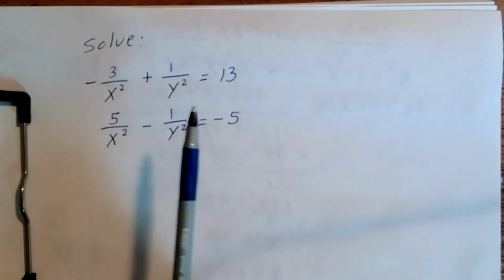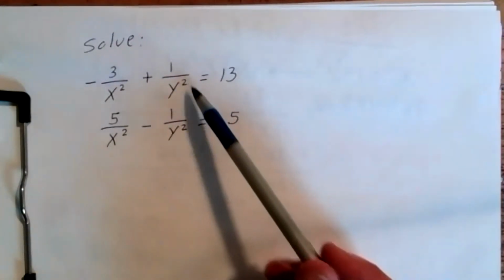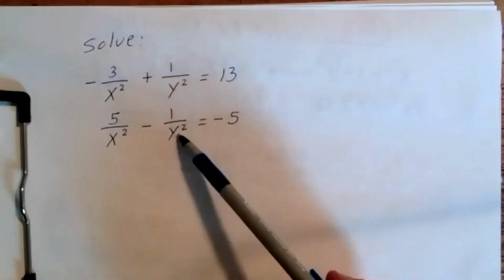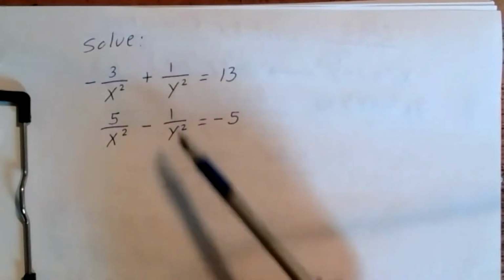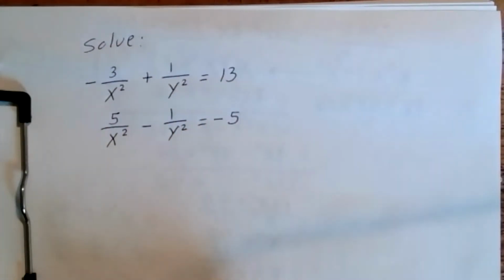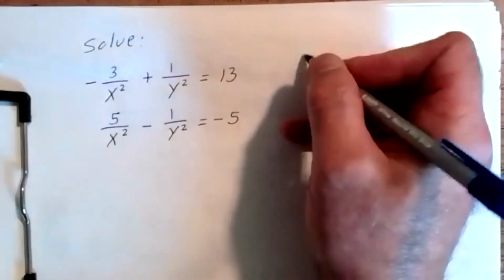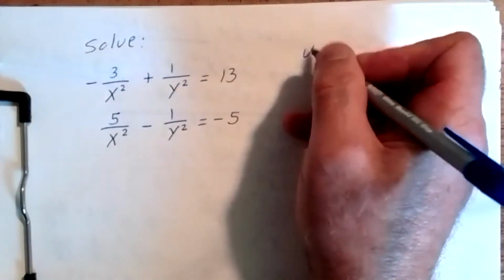Notice it kind of looks like if we added these equations together, these terms would drop out, which is nice. But I'm going to show you an even nicer way to tackle this system, by making use of what is called a U substitution.